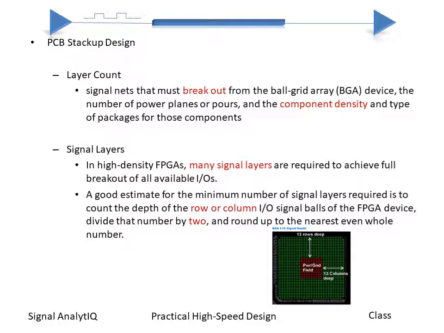Typically, the larger BGA device breakouts and individual power or ground plane requirements determine the final board layer count. For example, in FPGA boards, the FPGA device is in many cases the largest BGA device on the board, and thus determines the board's minimum layer count.